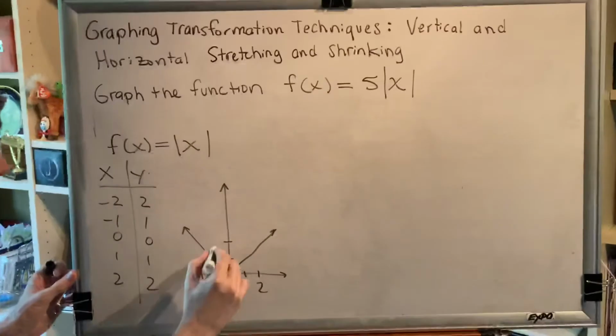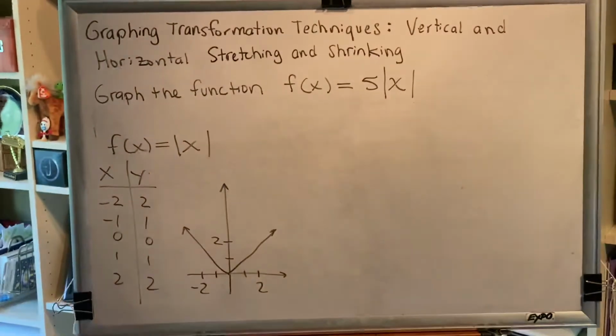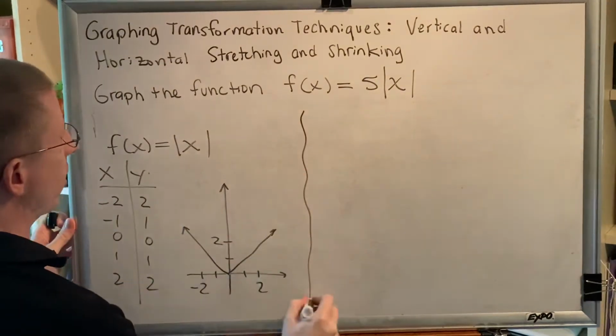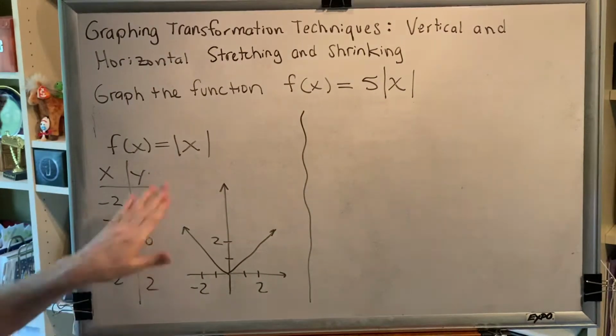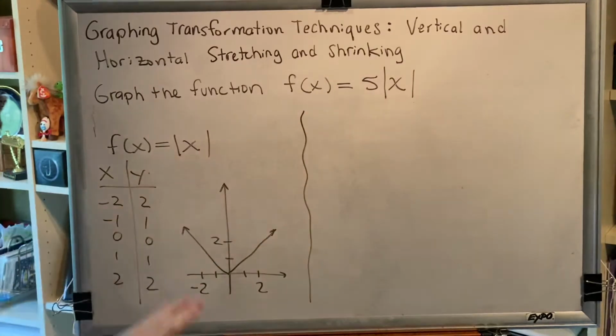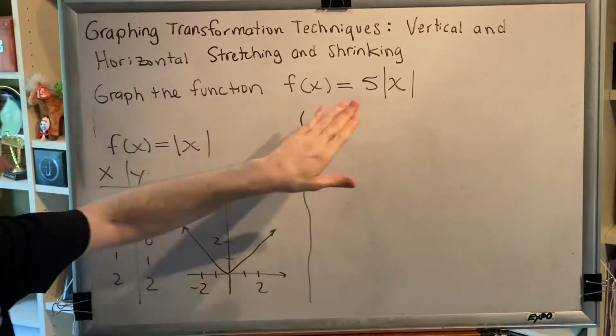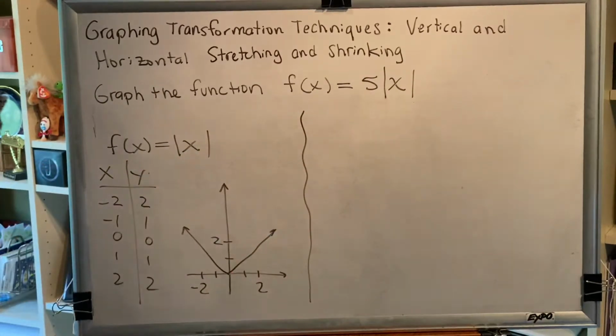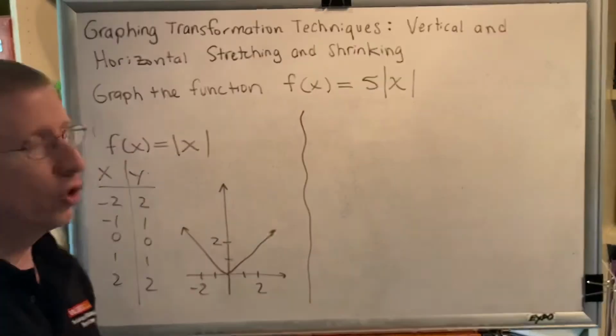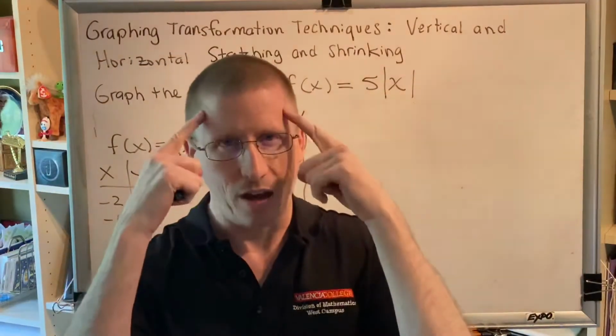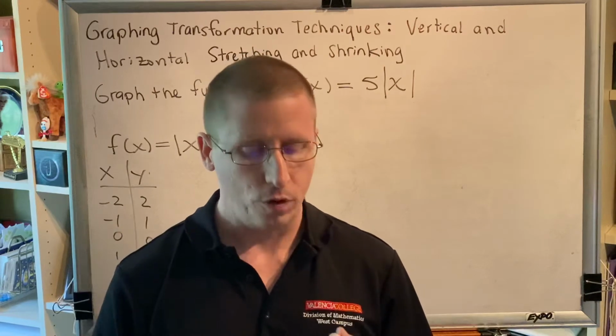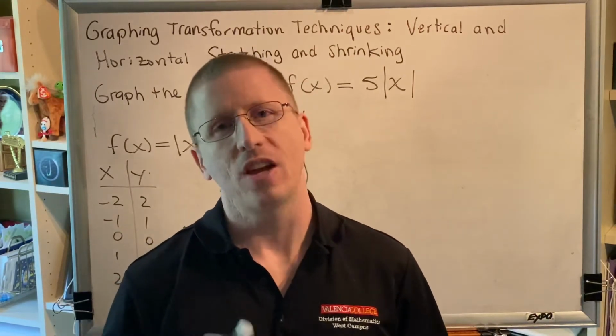Our job is to take what we know about the absolute value function and apply it to this new function. The first thing we have to ask ourselves is, what changed? How is this equation different from this equation? This is the before, this is the after. What changed is the 5. So here's what you need to ask yourself. First of all, where did the change happen?